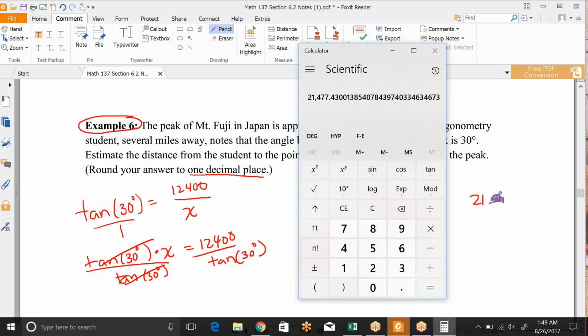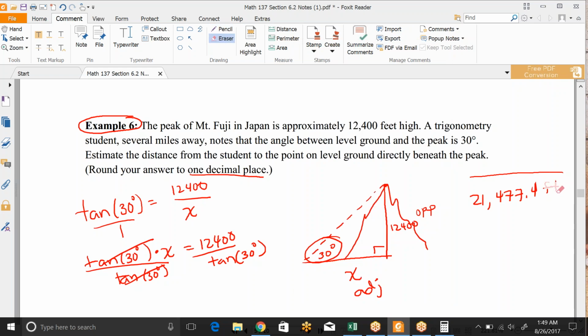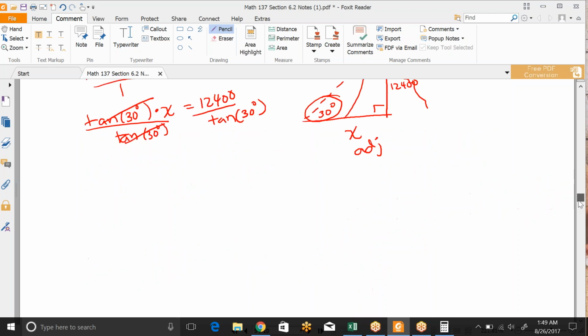So 21,477.4. And that is feet away, or sorry, miles. Actually, this would be in feet because the original height was in feet. I mean, you could divide and figure out how many miles that is away. It's going to be a little bit over 4. So there we have that.